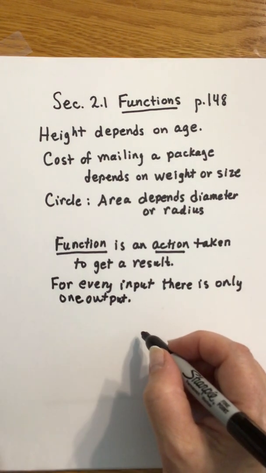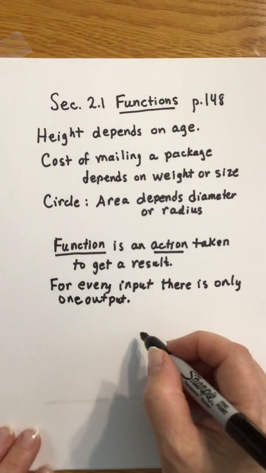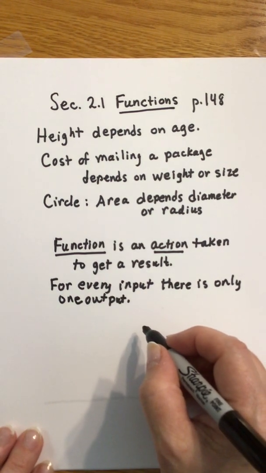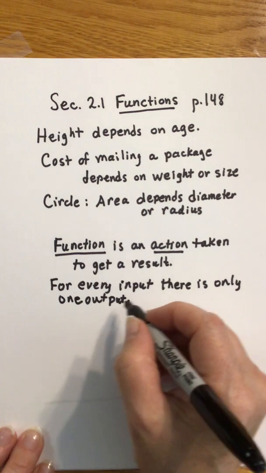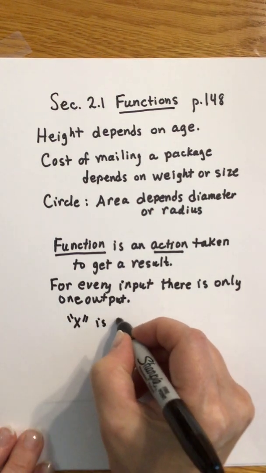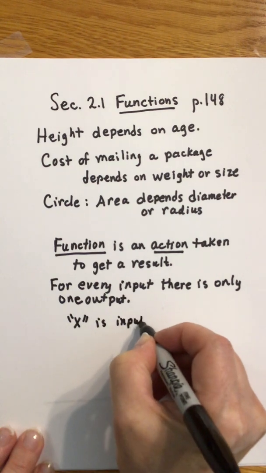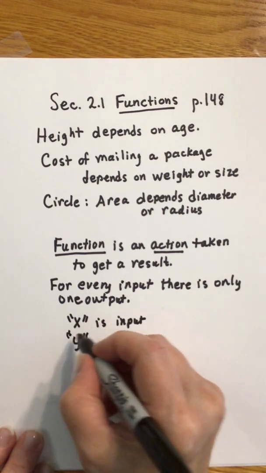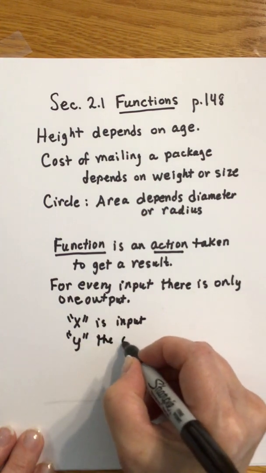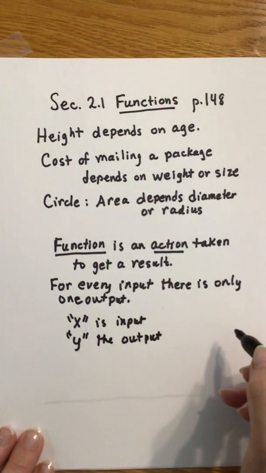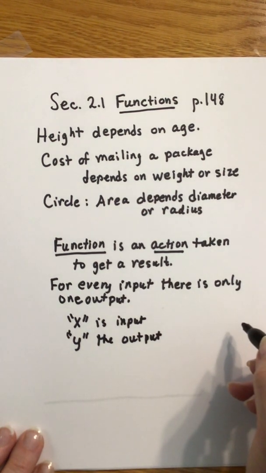Now, when we've talked about domain and things like that before, we've talked about input and output there as well. So we've called the input the X value, and we call Y the output. So you've heard it said for a function, for every input there's only one output.